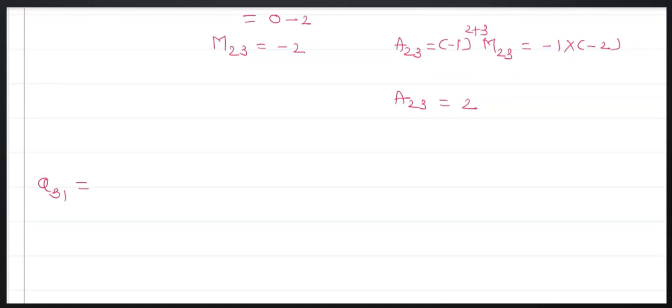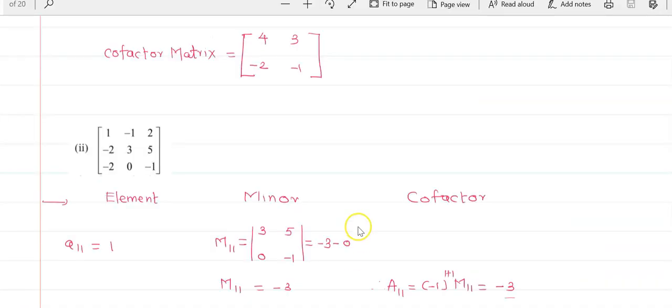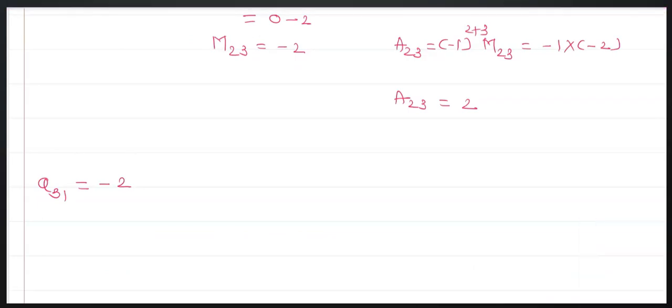The next element is A31. Now see this here. I will show you. This is A31. Delete this element's row and column. That is minus 1, 2, 3, 5. M31 is equal to minus 1, 2, 3, 5.